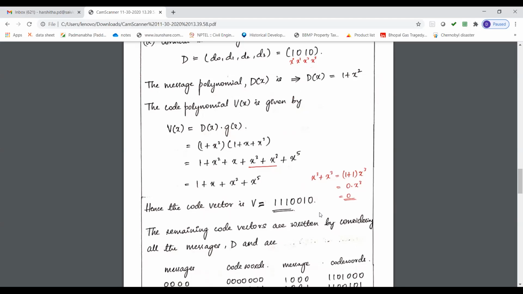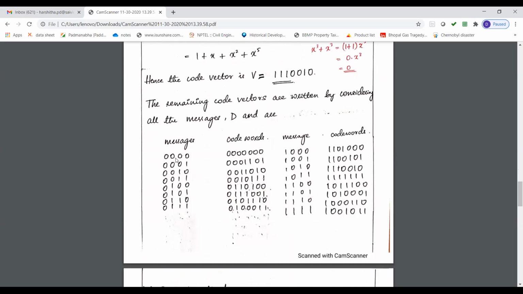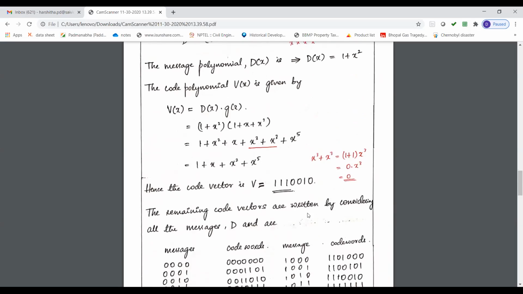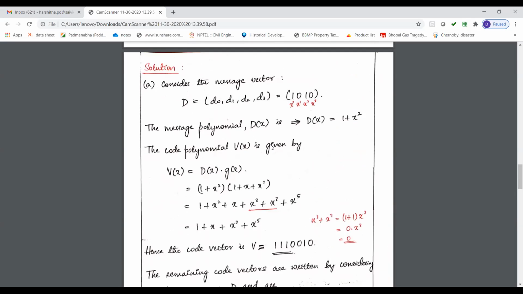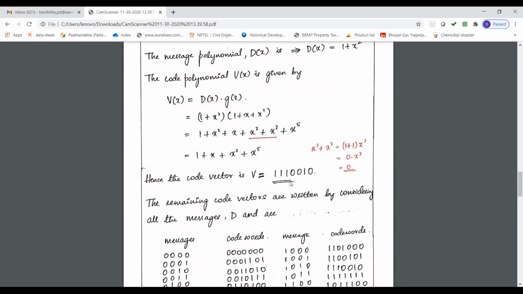So in this way, we will consider all the messages, that is 0000, 0001, 0010, and so on till 1111, and calculate the code vectors by performing multiplication of message polynomial and the generator polynomial given in the data, and we will find out the code vector as we found it out now.